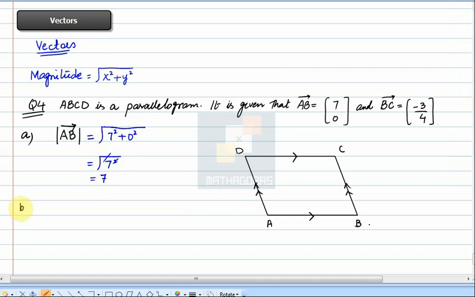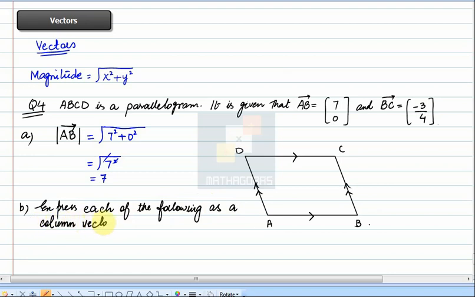In part B, it says express each of the following as a column vector.